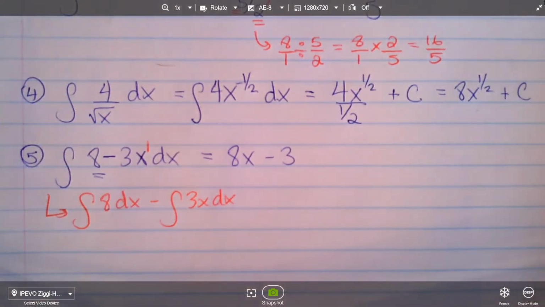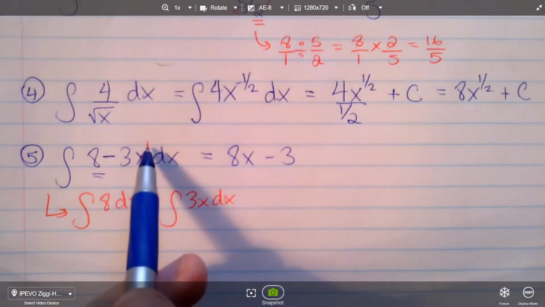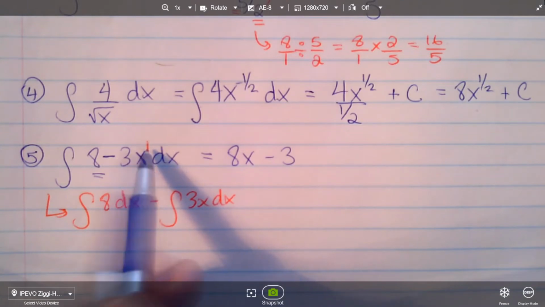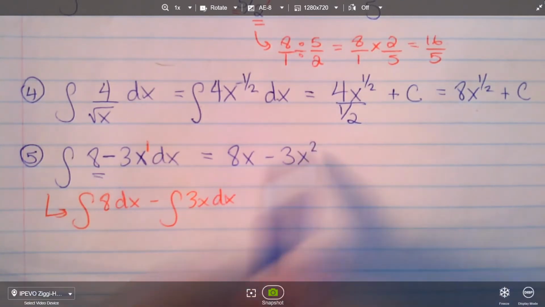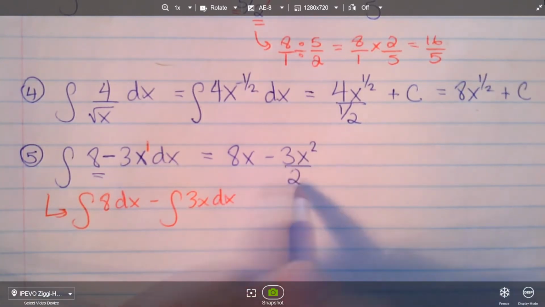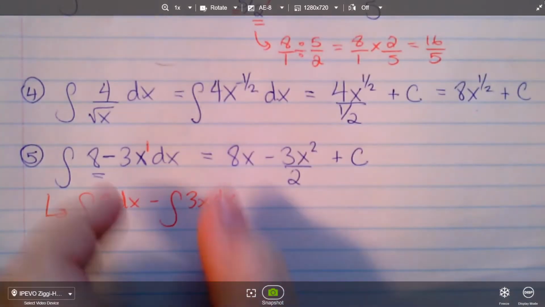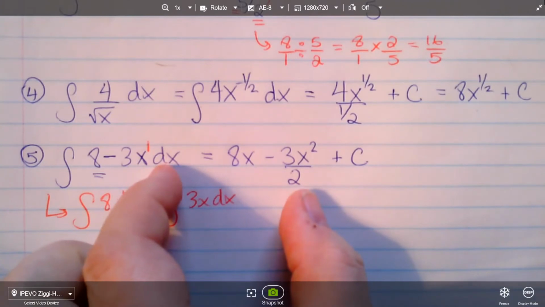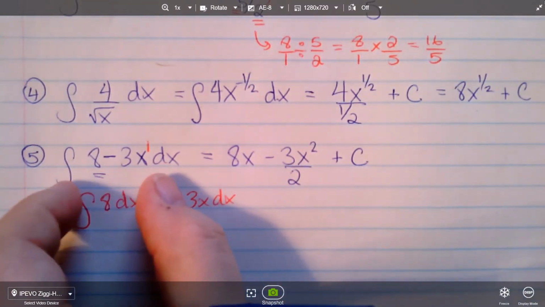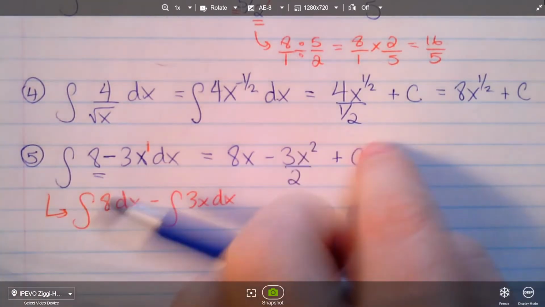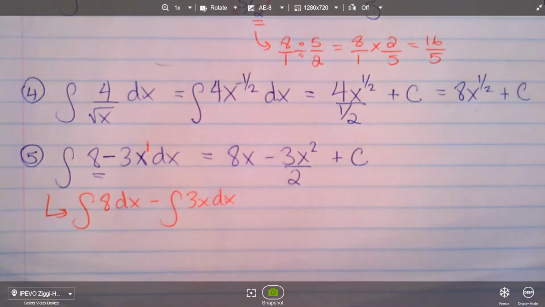We know it's 1. So if it's 1 here, when I integrate, add 1, it's 2 over 2 plus c. So I did both of these pieces at the same time so that I could remove the sum and the dx, and as soon as I do the integration, I add c. Okay. And that one's done.